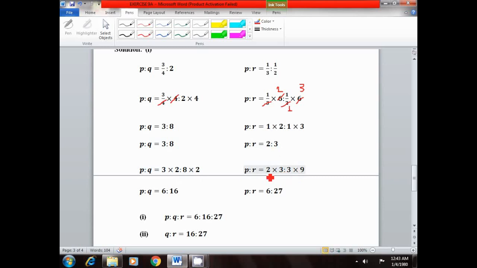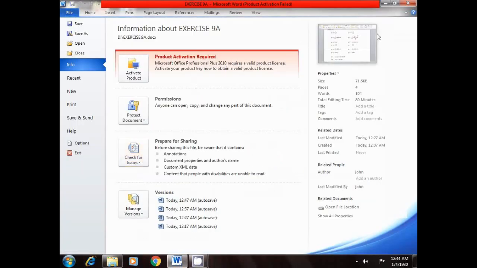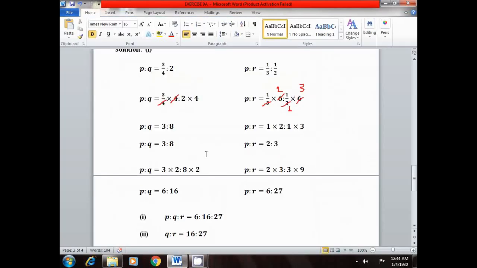Let's do it. 3 first quantity multiplied by 2 ratio the second quantity 8 multiplied by 2, and then on the right side first quantity 2 will be multiplied by 3 ratio the second quantity 3 will be multiplied by 3.